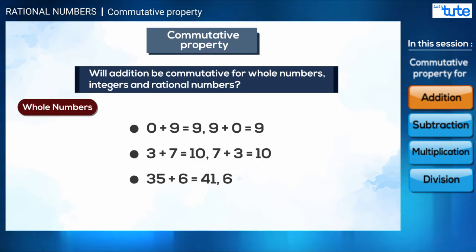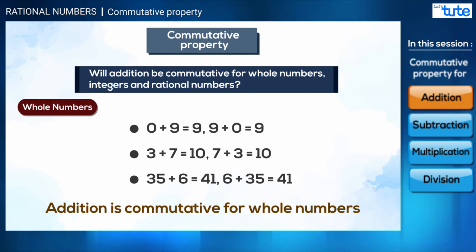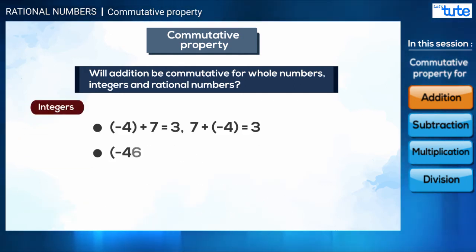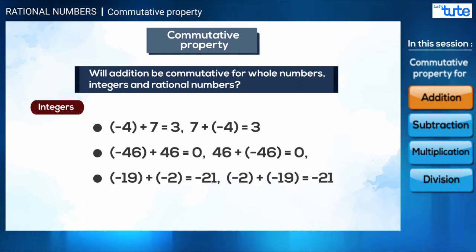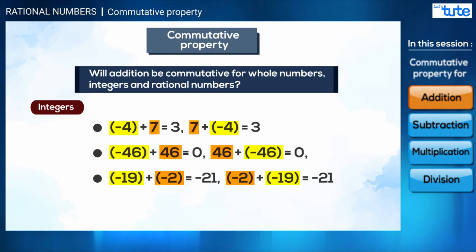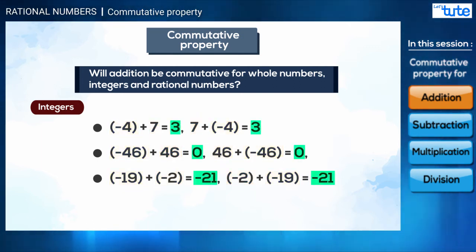Let us first check for whole numbers. We can see the sum of the two whole numbers remains the same even if the order of the whole numbers is changed. So addition is commutative for whole numbers. Now let's add two integers. Here too, we can exchange the places of the integers in the operation addition without the value being changed.